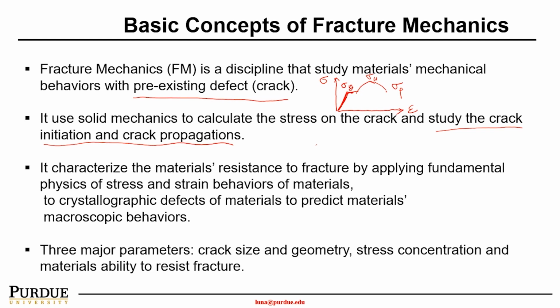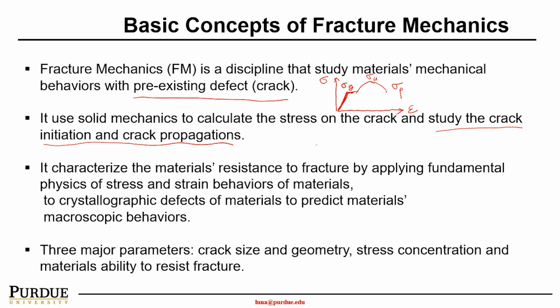There are three major parameters we need to consider. One is crack size and geometry. This is very intuitively easy to understand. If the crack is located in the middle of the material or at the edge of the material, it would definitely have a different effect.